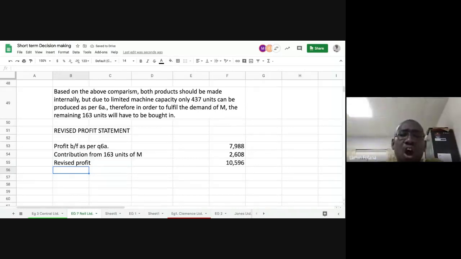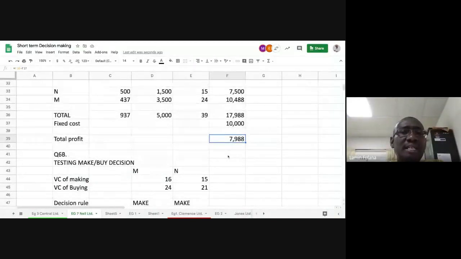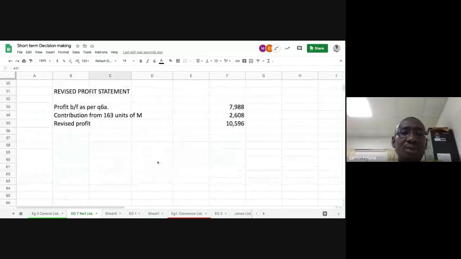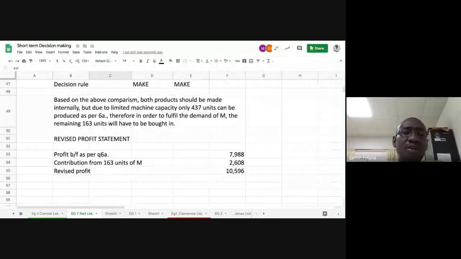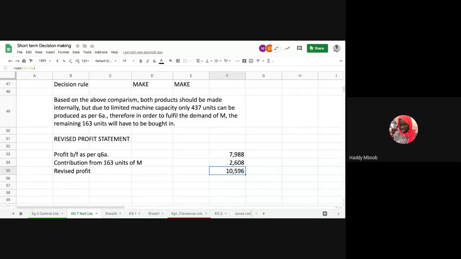So we all know up to this calculation here, 7,988 is the profit that we're going to generate if we have to make everything, and that excludes the 163 we are buying. So if we buy the 163, we're going to get a contribution of 2,608. So we add that to this profit, then we have our revised profit. Simple.